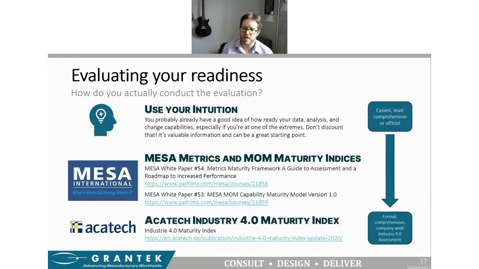But you should know that this is about Industry 4.0, which is about more than just manufacturing. So this is really a complete business assessment that's going to include things like looking into your organizational structure and what types of people you hire, not just what types of manufacturing technologies you're adopting.